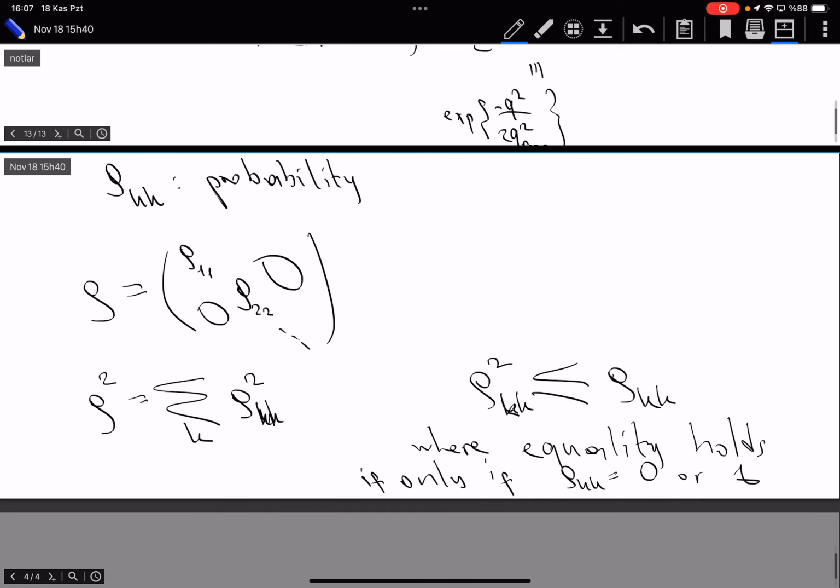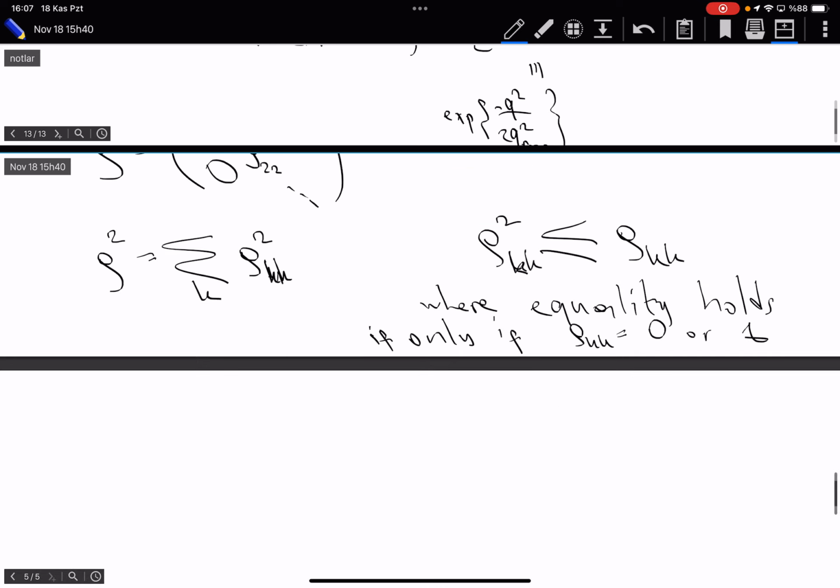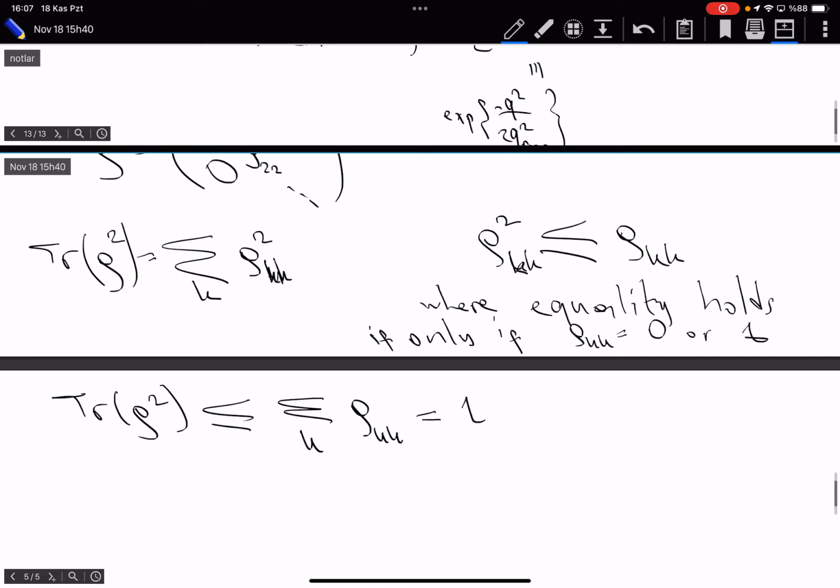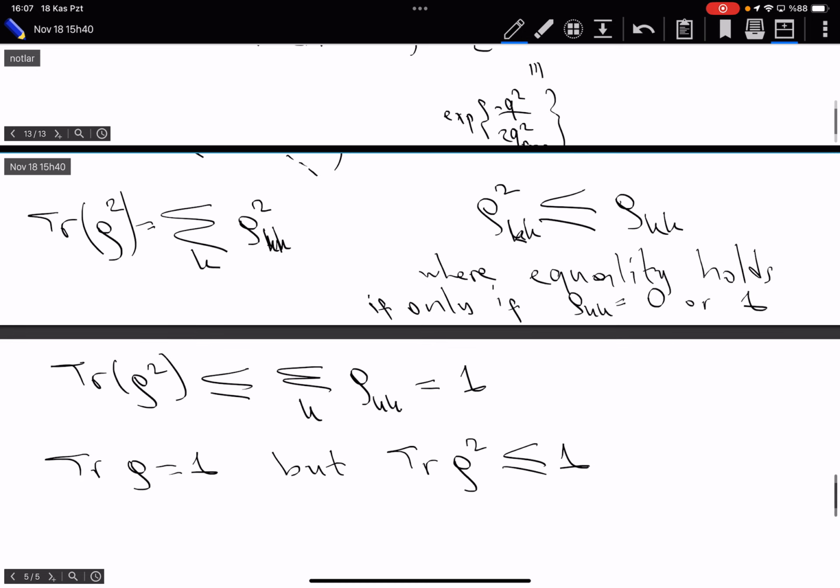Well, that means that the trace of rho squared is less than or equal to the sum over k of rho kk, which is equal to 1. So the trace of rho is equal to 1, but the trace of rho squared is less than or equal to 1. How can we have equality? Well, since the trace of rho is equal to 1, at most one of the rho kk can be 1. Two diagonal entries cannot be 1.